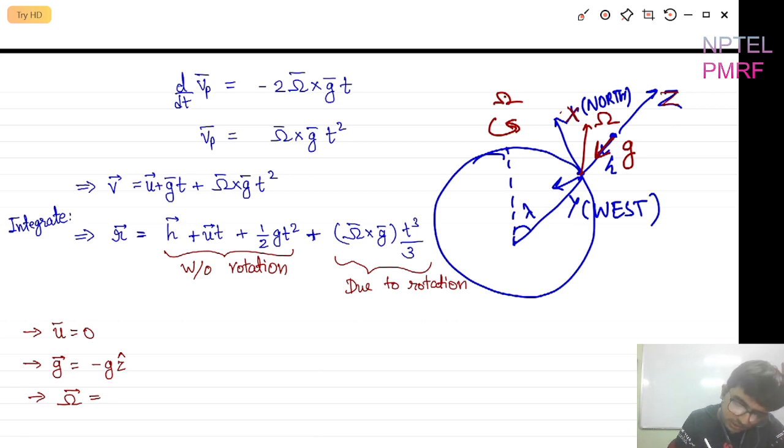So omega is omega times, if this is lambda, then what would this angle be? This would also be lambda, right? Yes, if lambda becomes 0, this angle also becomes 0. So with this lambda, the x component is omega cos lambda x cap plus omega sin lambda z cap, right?